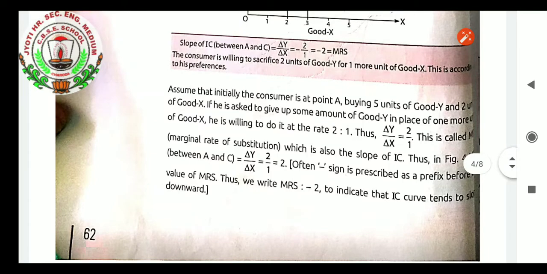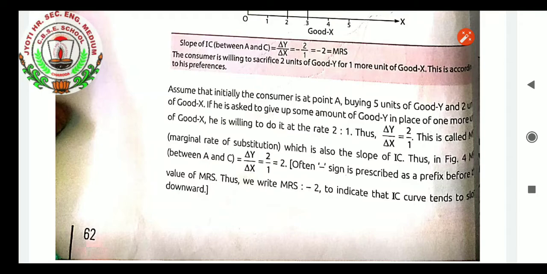Now assume that initially the consumer is at point A buying 5 units of good Y and 2 units of good X. If he is asked to give up some amount of good Y in place of one more unit of good X, he is willing to do it at the rate 2:1. From 5, good Y is reduced to 3, and good X increases from 2 units to 1 more, meaning 3.